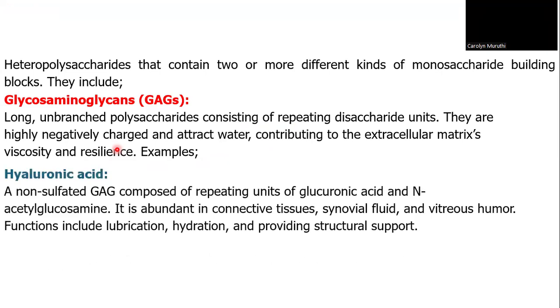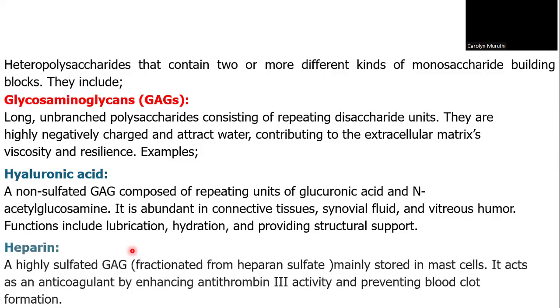We have hyaluronic acid, which is composed of repeating units of glucuronic acid and N-acetyl glucosamine. We find that hyaluronic acid is abundant in connective tissues, in synovial fluid, and also the vitreous humor. Its functions include lubrication, hydration, and also structural support.